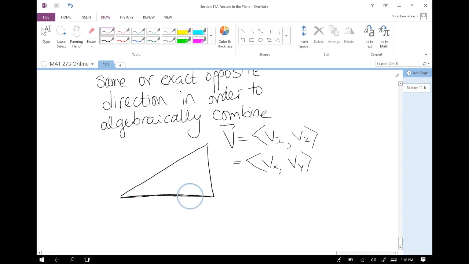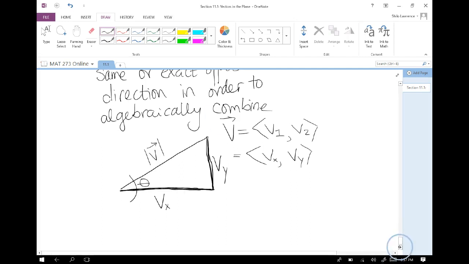So this horizontal side, just like our x is the horizontal axis, is our v sub x, and then the vertical side is our v sub y. The magnitude and direction of this vector are represented by the angle here, theta, and the hypotenuse. So there's some very simple trigonometry that relates these four values together.